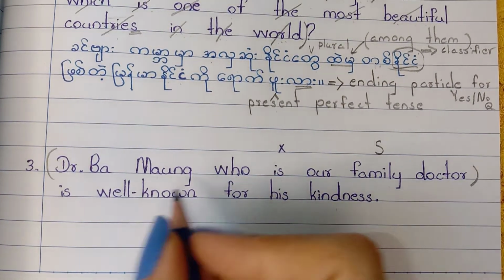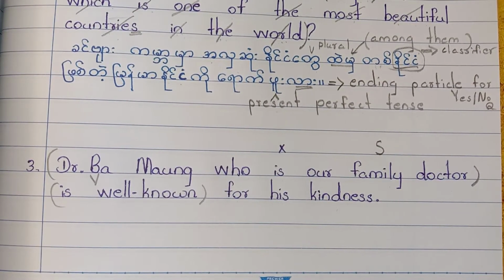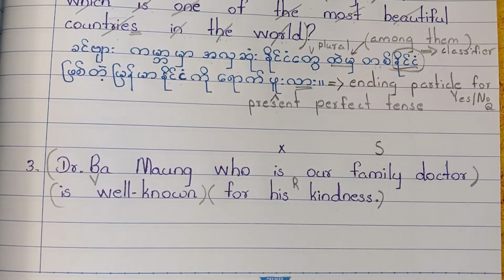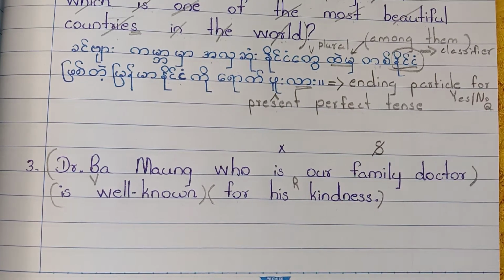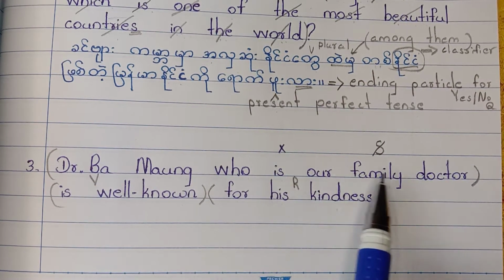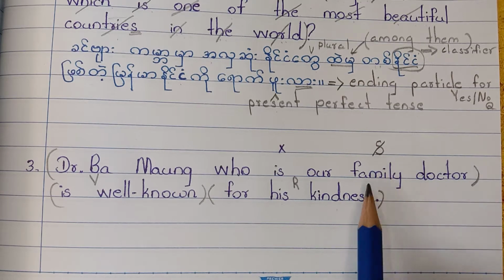Alright. And then is well known is the verb. And then for his kindness is the reason. So we should start from the subject. So Dr. Ba Mao, who is our family doctor, that is a clause. So when you translate the clause, you have to start at the last.